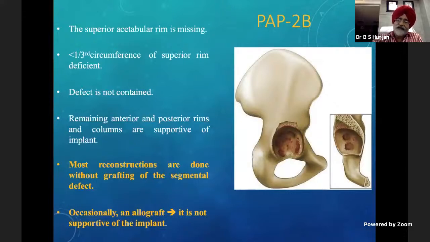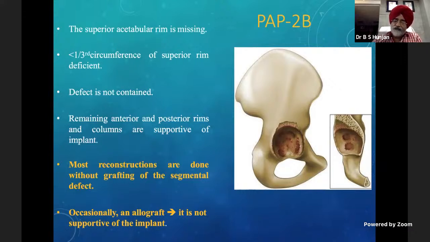As you see here, the defect is not contained, it is eroded, and the remaining anterior and posterior rims and the columns are supportive of the implant, because we can put the cup here and everything is intact.